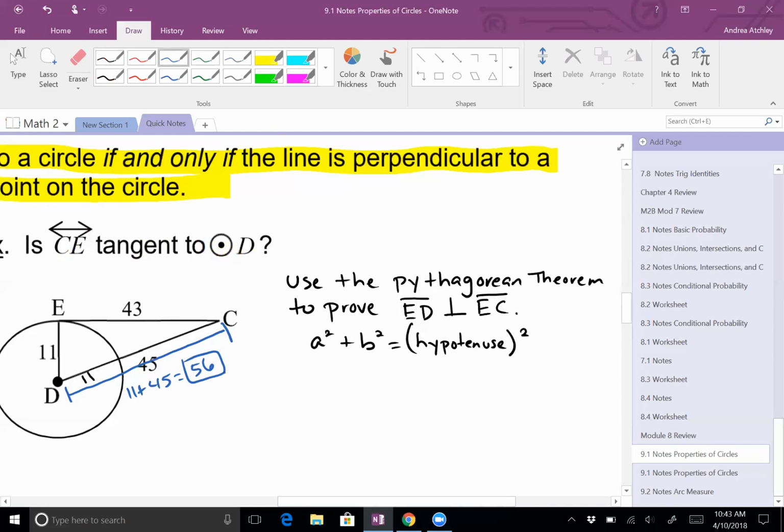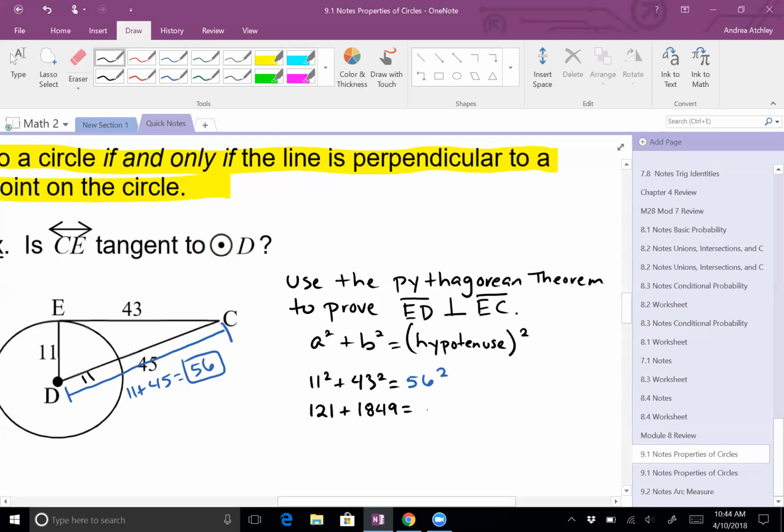Okay. So in this, we're going to do A squared, which is 11 squared, plus 43 squared equals 56 squared. And we want to see if that's true. So 11 squared is 121. 43 squared is 1,849.